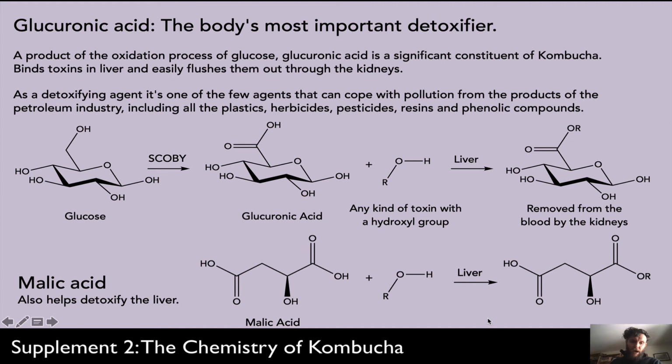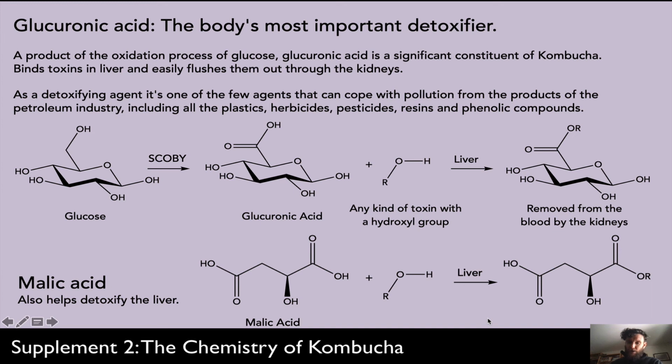All right. Another compound that is a breakdown product of several different things that the kombucha is metabolizing is malic acid. Malic acid works the same way. It has a couple different carboxylic acid groups.